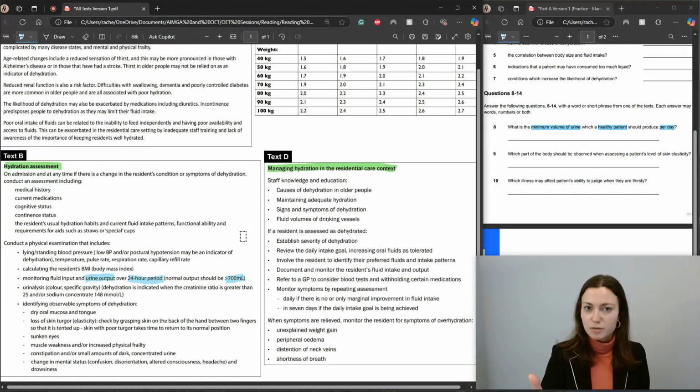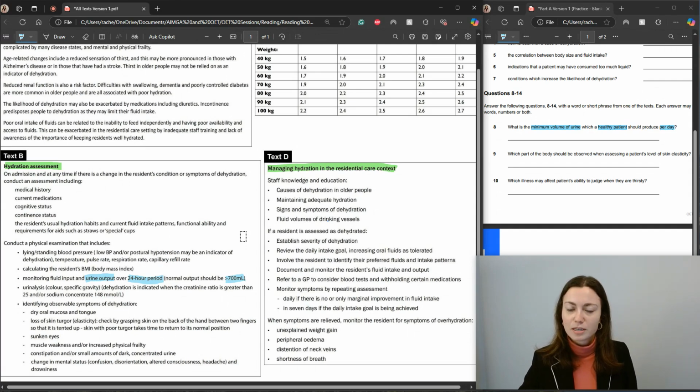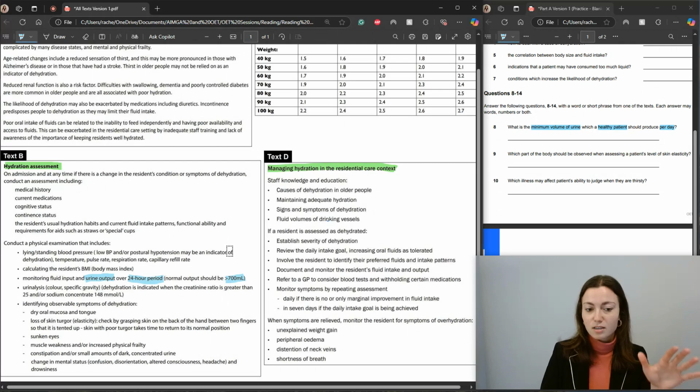So here's my piece of advice. When we have questions involving numbers, be very, very careful when you go to answer that you're actually answering the question itself. So the question is asking, what is the minimum volume? Now our text has, it should be greater than 700 milliliters.